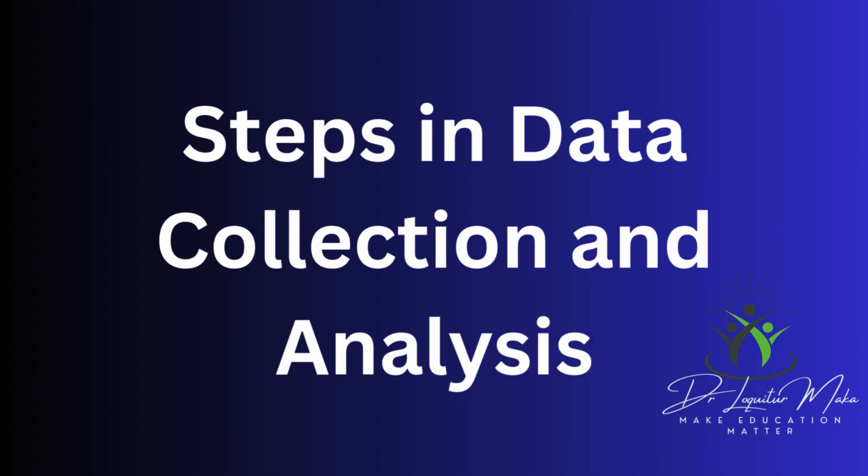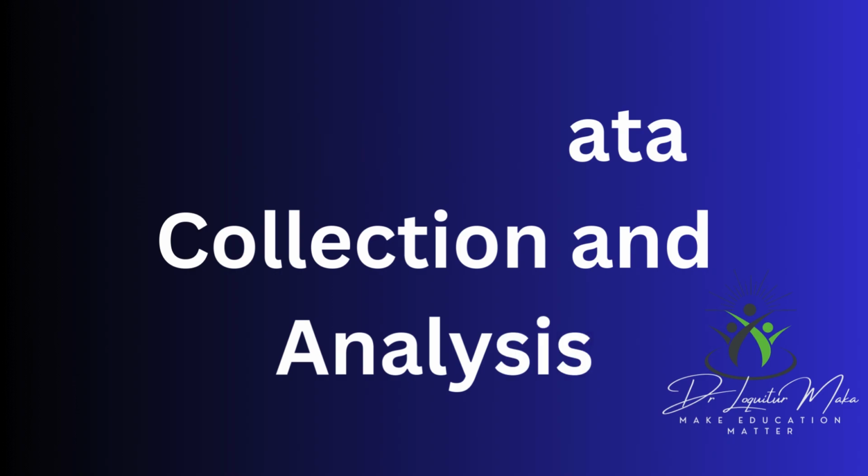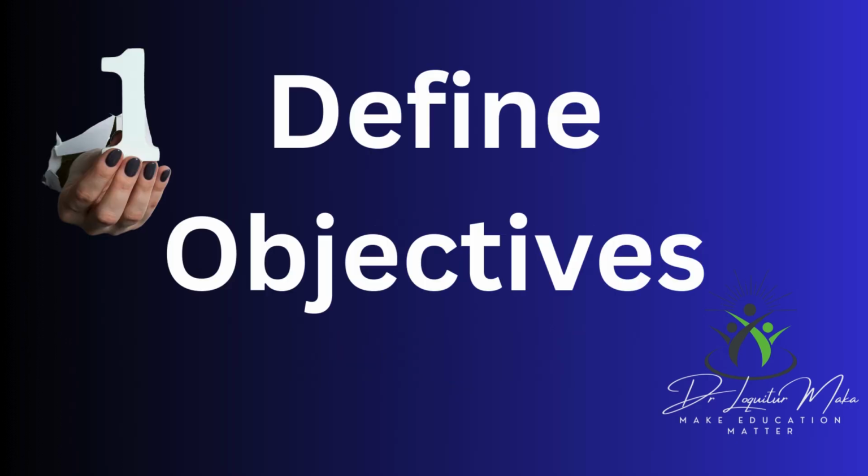So the first thing, and this is what I always say, always define your objectives. With every research process, every research step, ensure that you keep your research questions or research objectives on the top of your head so that you are clear with what you want to achieve.